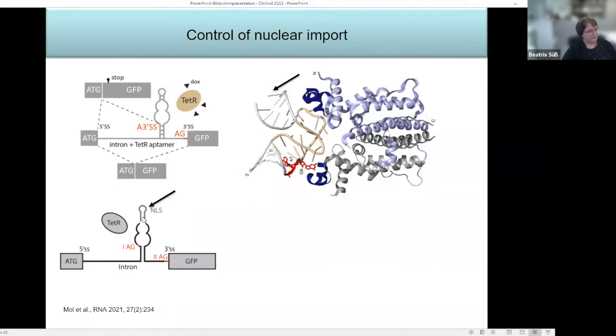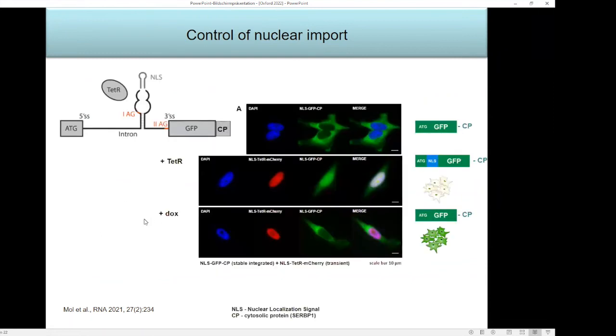And the idea then is that if we have this splice site used, then we have a normal GFP with the ATG. And if we have this splice site used, then we attach this nuclear localization sequence to this GFP. So we have here a switch between two isoforms, and one isoform is tagged by the sequence of our choice. And this indeed worked perfectly.